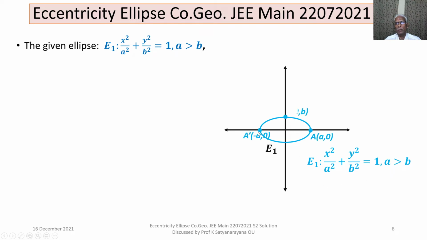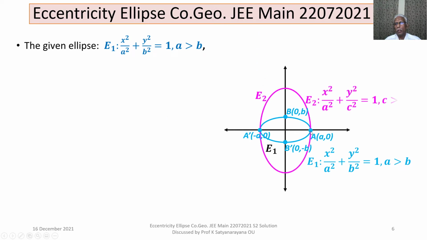So these are the endpoints of the major axis and these are the endpoints of the minor axis. And we have E2, which is passing through the endpoints of the major axis of E1. So E2 is x square by a square plus y square by c square is equal to 1.